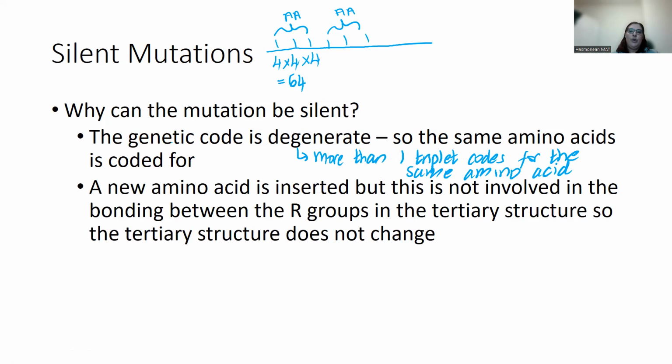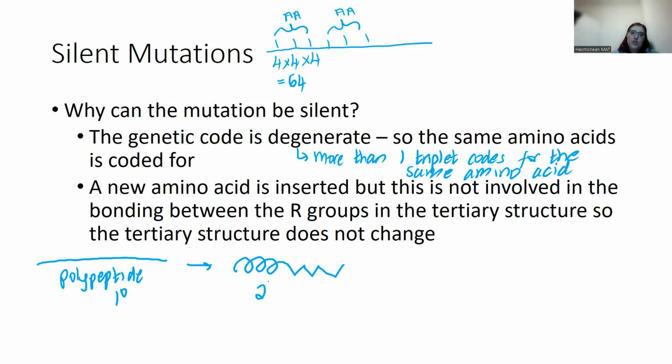Second reason is that you put a new amino acid in, but it's not involved in the bonding between the R groups in the tertiary structure. So if we remind ourselves of our bonding, here is our polypeptide chain, our primary structure. I'm just going to put that for primary. That folds to form either an alpha helix or beta pleated sheet, called our secondary structure. And that is held together by hydrogen bonds only.